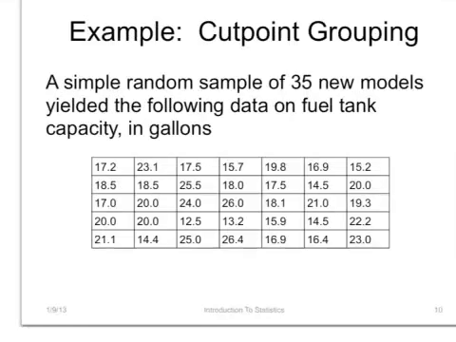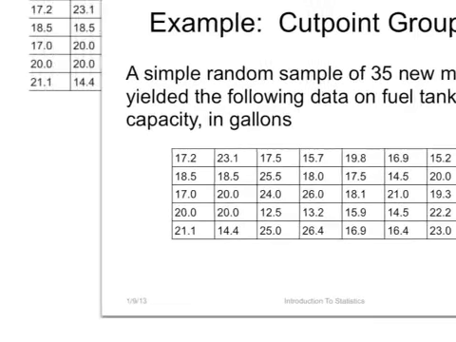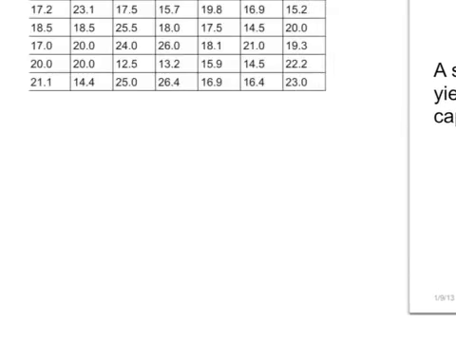So for cut point grouping, here is our example with fuel tank capacities. This is a data set of 35. To do the cut point grouping here, I want to notice that the smallest value is 12.5.